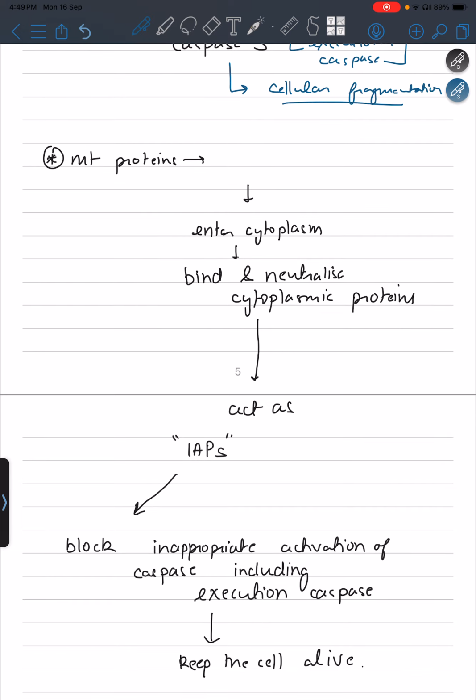Now, one more important point: there are some mitochondrial proteins known as SMAC or DIABLO, which are released into the cytoplasm, and they bind to the cytoplasmic proteins, and they act as physiological inhibitors of apoptosis.